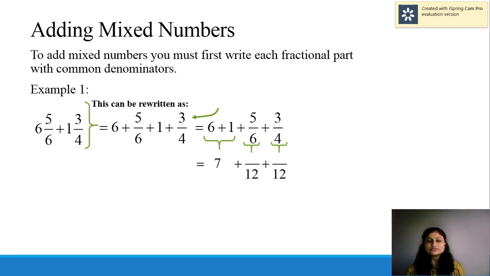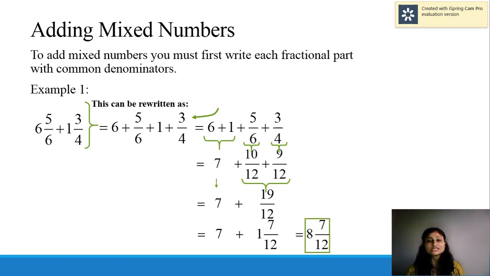Then after we make it equal 10 upon 12 plus 9 upon 12, and then after do addition of 10 upon 12 plus 9 upon 12, it is 19 upon 12, and 7 plus 1 integer 7 upon 12 is equal to 7 plus 1 is equal to 8, and it is 8 integer 7 upon 12.